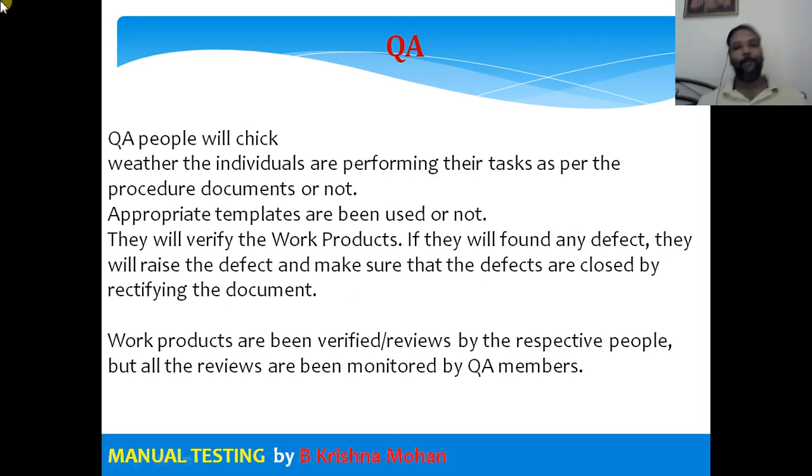Okay, so work products are being verified. Here it is reviewed by the respective people, but all the reviews are being monitored by the QA. Suppose SRS is there. When I baseline the SRS, it is reviewed by my peer or my manager, or the senior fellow will have to review.